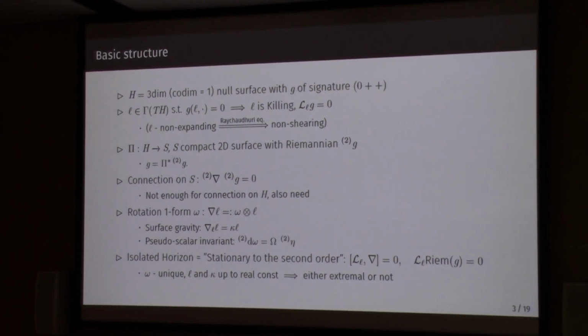G is the general. How do you compute the Riemann tensor of G? I mean, when the horizon is embedded in the spacetime. But isn't that implied by this derivative of this connection being 0? Can that be 0 and this second derivative not be 0?